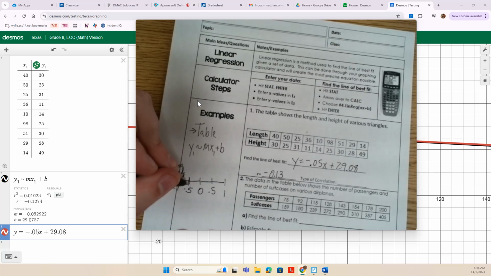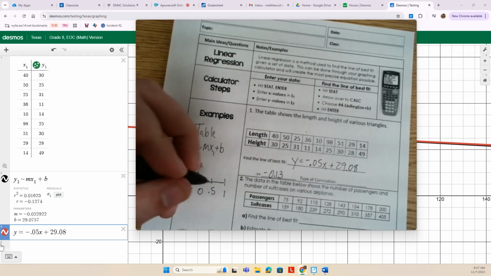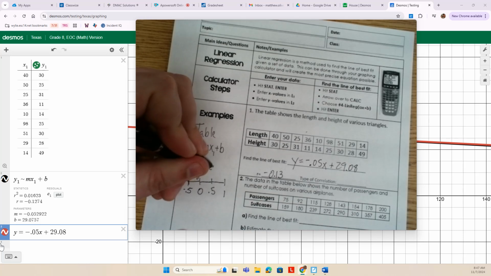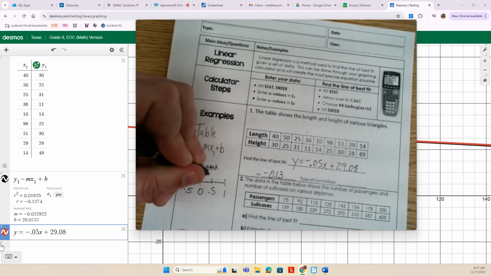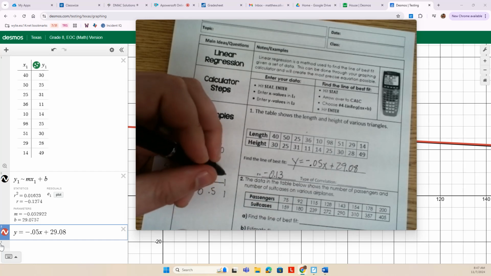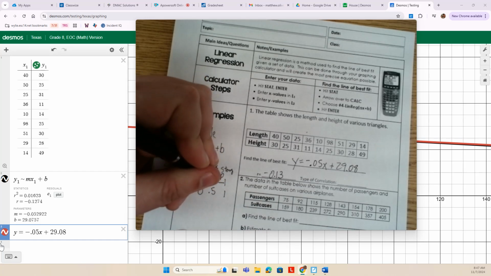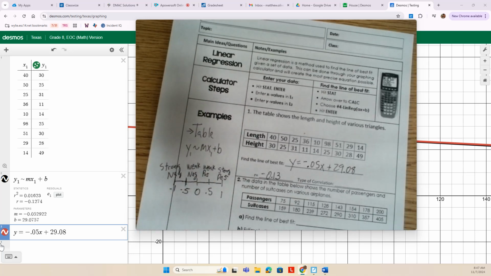If it's between negative 0.5 and 0, that'd be a weak connection and a negative, so a weak negative. Between 0 and 0.5 is a weak positive, and from 0.5 to 1 would be a strong positive. If you have a strong positive, that means all the dots are close together going kind of upward.